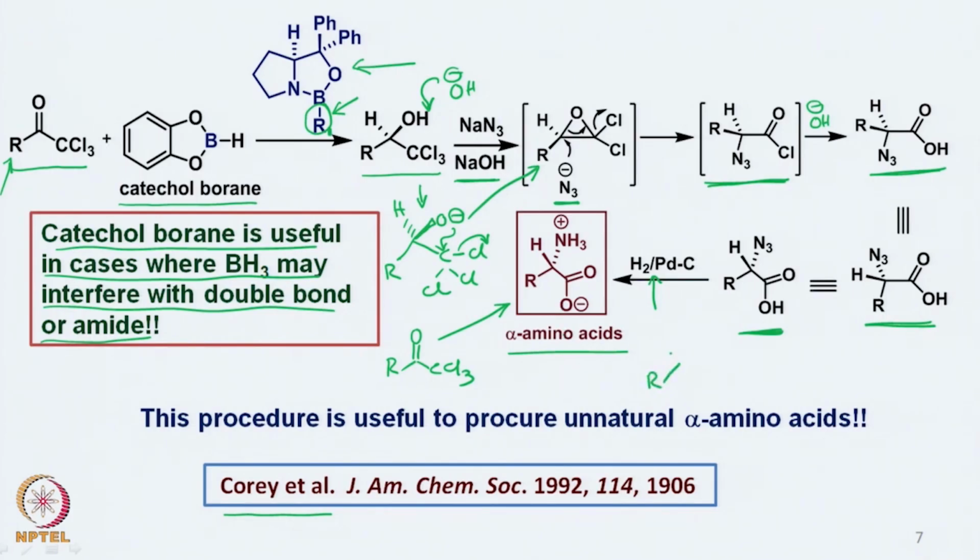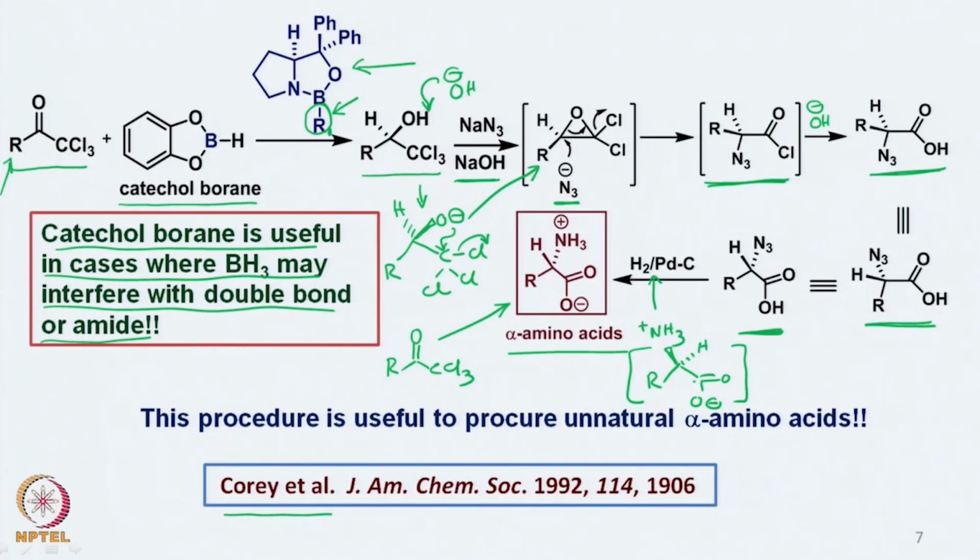That means we can think about getting, say you have an amino group here as NH3 plus, and you have hydrogen coming like this, and you have the carboxylate ion. So this is also possible if we use the other enantiomerically pure Corey-Bakshi-Shibata catalyst.